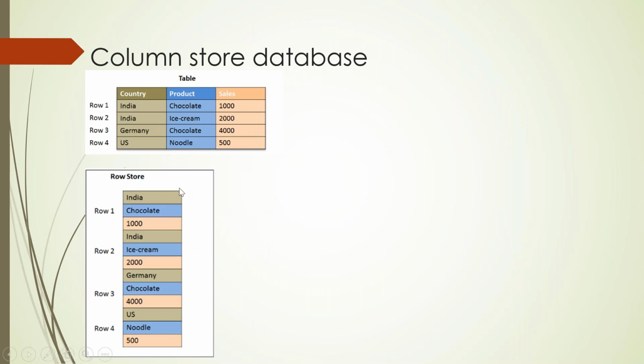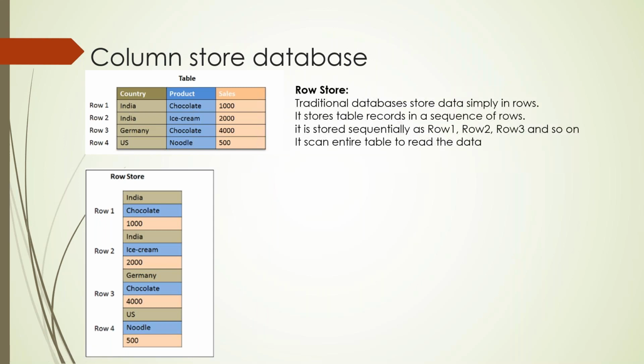Reading is expensive in the row store, writing is cheaper, that is faster. When I say expensive, it means slow. When I say cheaper, it means faster. So writing in the row store is faster, reading in the row store is slow. All the traditional databases are row store databases.